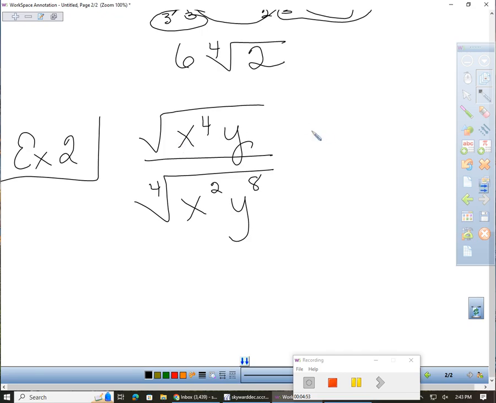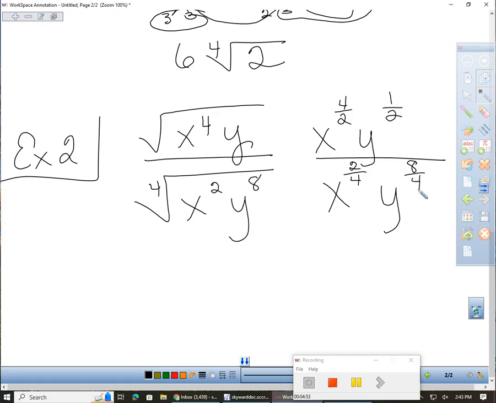So this one, my x is to the power of 4 inside a square root. My y is to the power of 1 inside a square root. On the bottom, my x is to the power of 2 inside a 4th root. And my y is to the power of 8 inside a 4th root. Any question with that step?